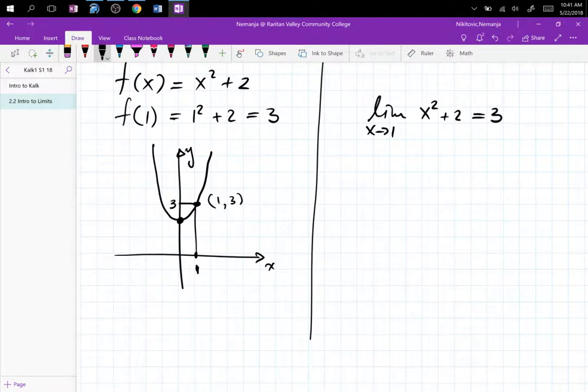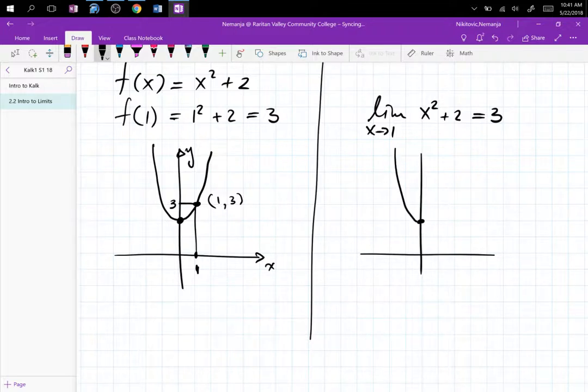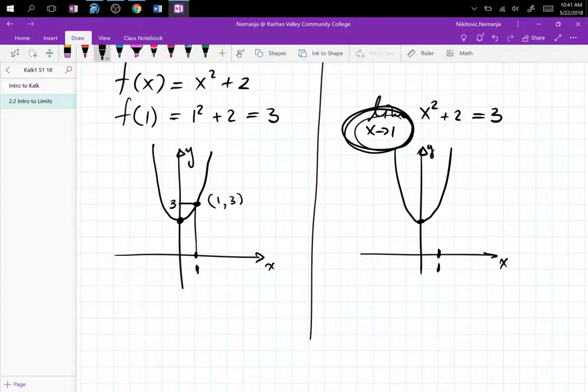We have the same graph on the calculus side, but it's a different way of obtaining the answer. What's happening on the calculus side is you are not computing at 1. You are going to, as you can see over here, approach 1.